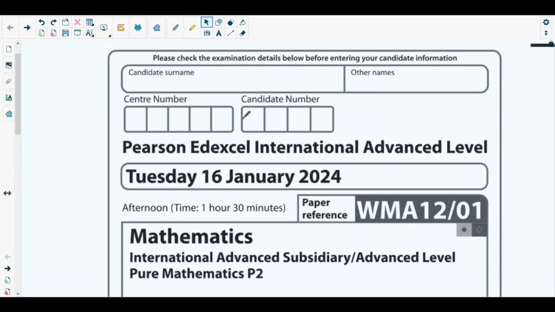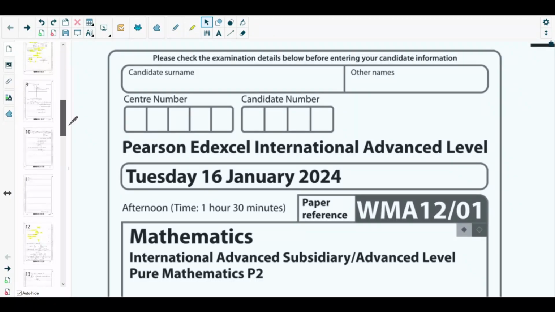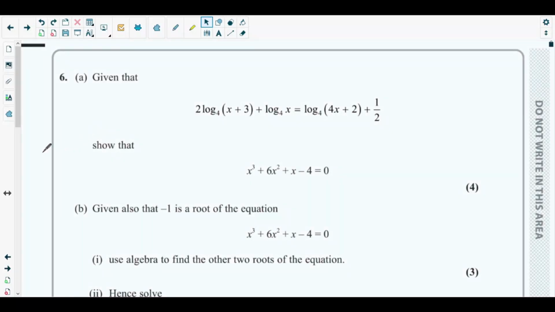In this video, we will be solving question number 6 from the January 2024 Pure Mathematics 2 paper. Let's see what question number 6 is about. The concepts behind question 6 come from chapter 3 of your Pure Mathematics 2 textbook, which is Exponentials and Logarithms.